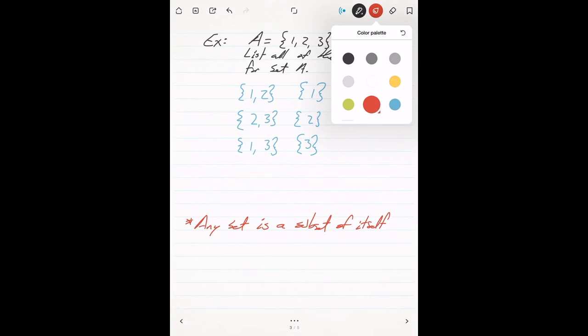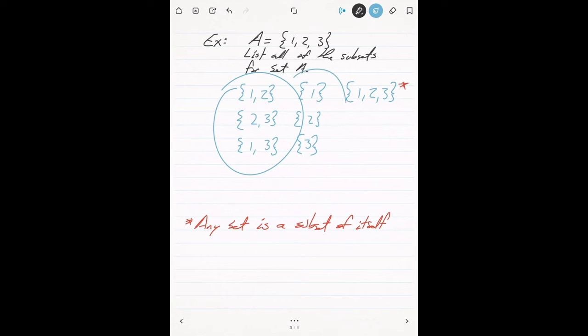Now, hopefully something you're realizing about this is that all of these sets are either the same size as the original set or less. Okay? I cannot have a subset for the set 1, 2, 3 that contains 4 elements. That's not possible. Because at most I can just list 1, 2, 3. I can't add anything else in. And you can't double list elements. Don't write something as 1, 1, 2, and 3. That doesn't count because we don't double list elements in a set.